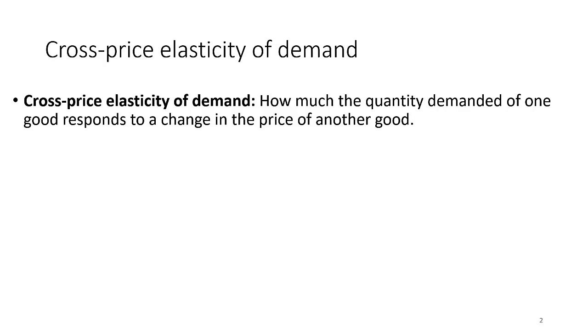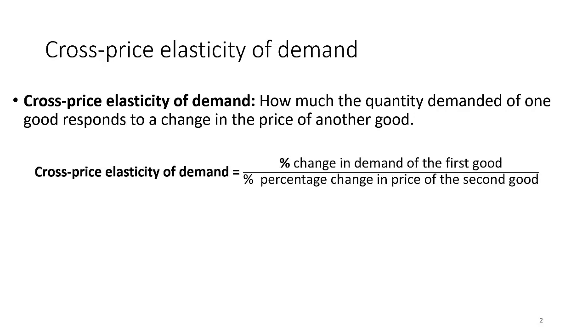So often we calculate all these measures using something called the cross price elasticity of demand, which is the percentage change in the demand of the first good divided by the percentage change in the price of the second good. Now cross price elasticity can be greater than 0 or less than 0.